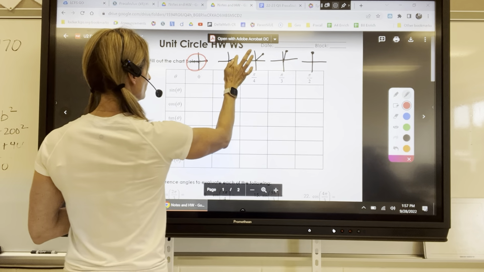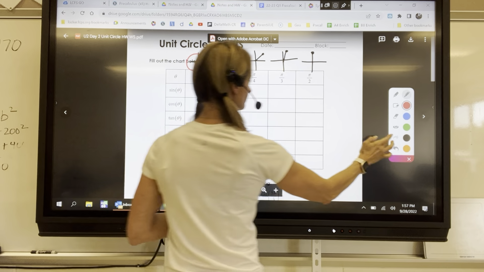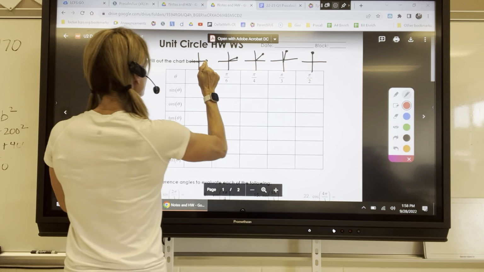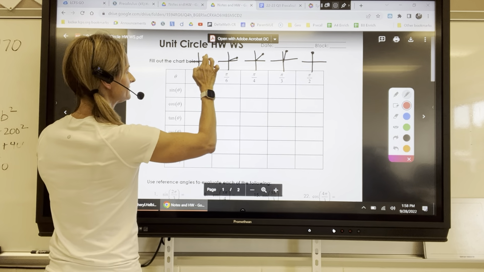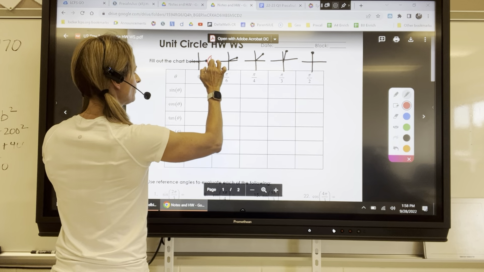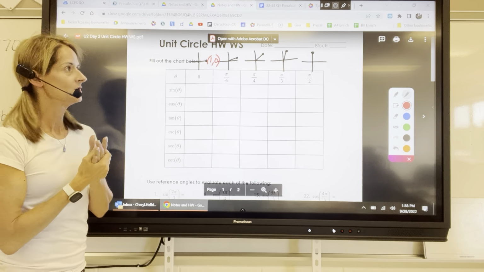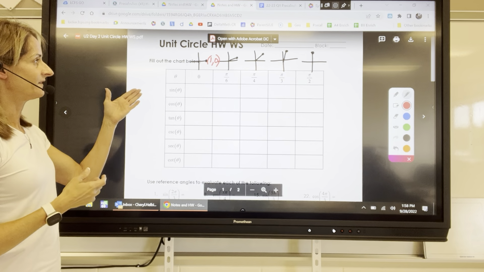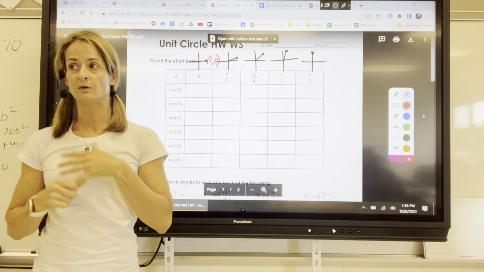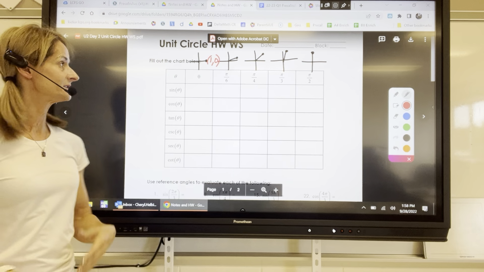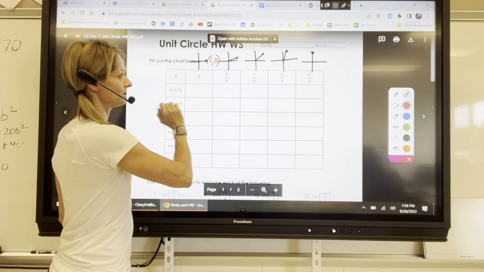All these are on the circle. That ordered pair is at 1, 0. The x coordinate is 1, the y coordinate is 0. So when you're asked to find the sine of this angle, you need the y value. The y value is 0, so the sine of 0 is just 0.